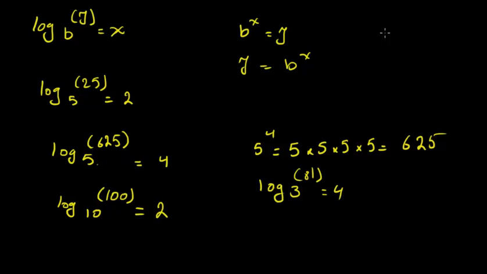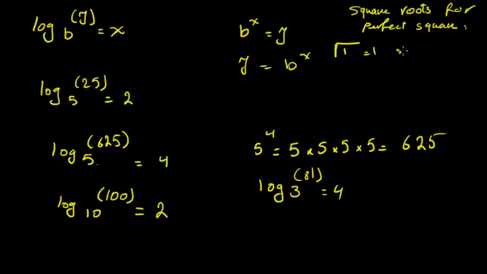If you recall our discussion on perfect squares, you can answer the logarithm question easily. If you remember, we had perfect squares and we found the square root for perfect squares, where we had radical 1 equals 1, since 1 to the second power equals 1.